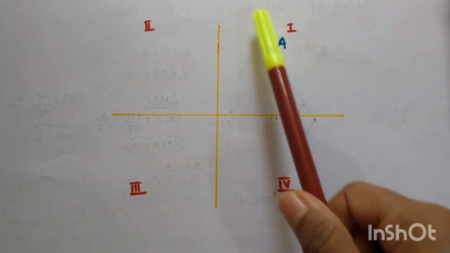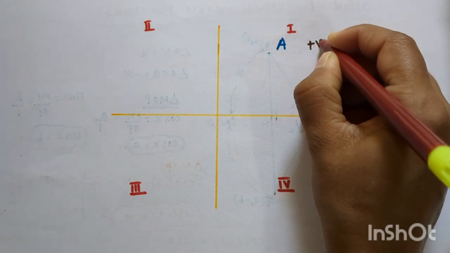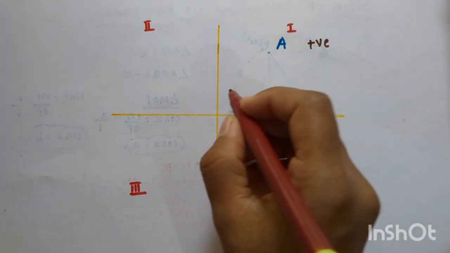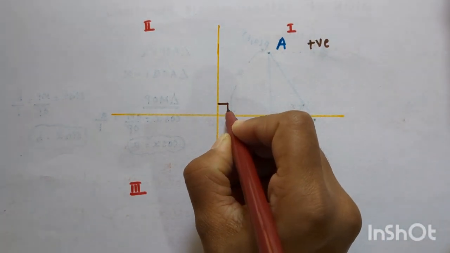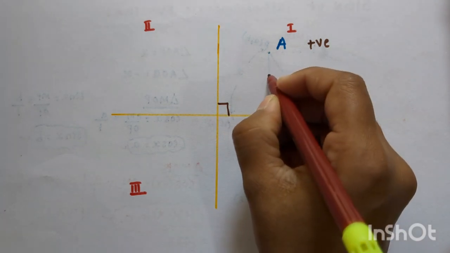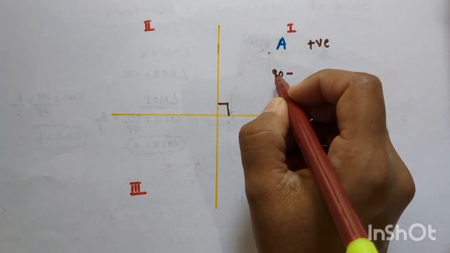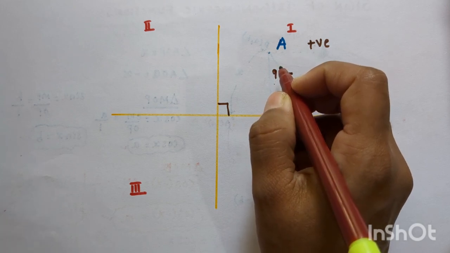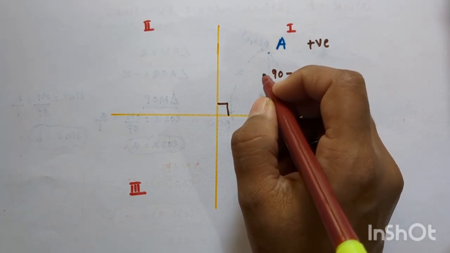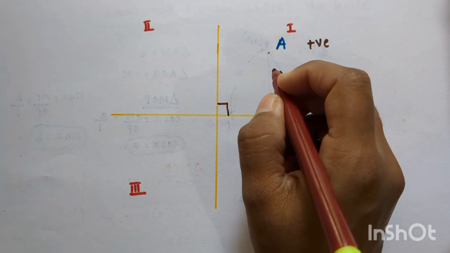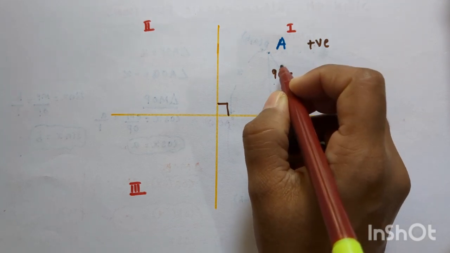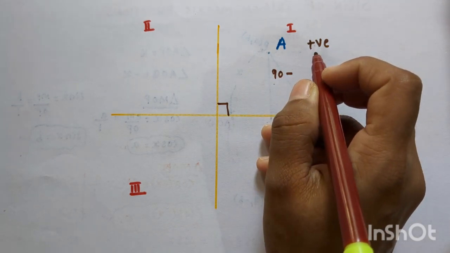So in the first quadrant A, all trigonometry functions are positive. First quadrant means the maximum angle possible is 90. So here we can have values like sin of 90 minus x, or cos of 90 minus x, no? So 90 minus, all angles would be positive here.